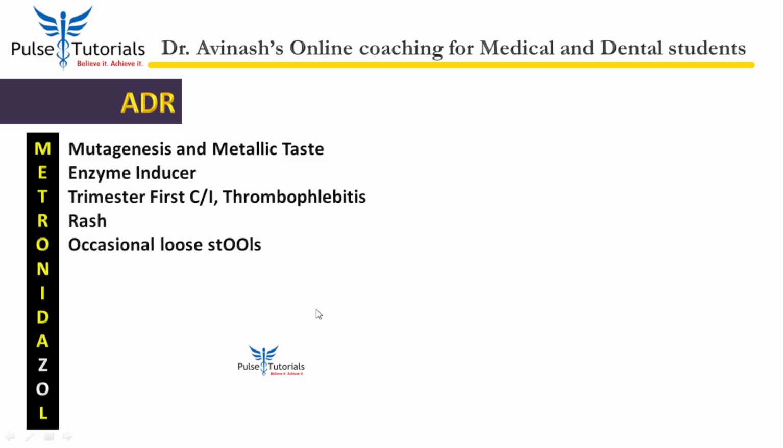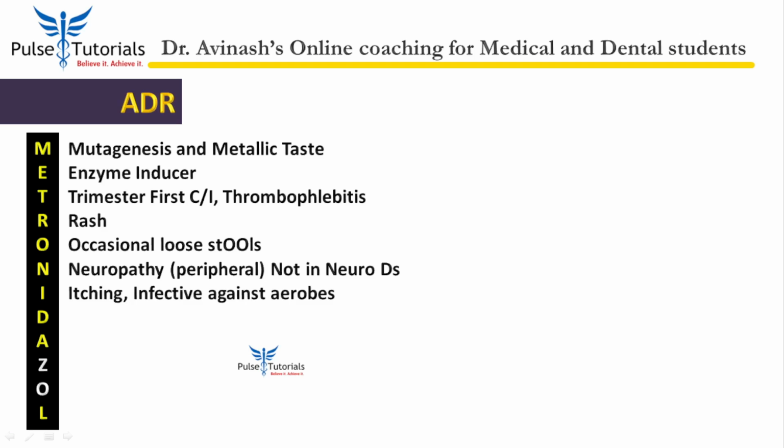R is for rash. O is for occasional loose stools, which has two O's, so that should point you to loose motions. N is neuropathy. So please be careful if a patient has neurological diseases, don't give metronidazole. It causes itching. It is ineffective against aerobes, so don't give it unnecessarily. D for drug eruption or disulfiram reaction or blood dyscrasias.